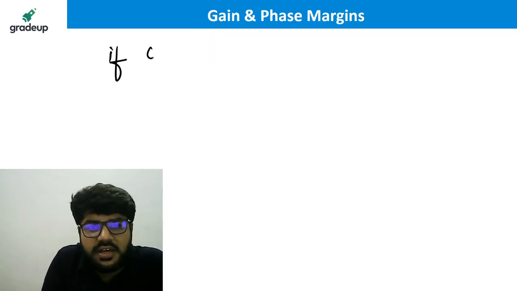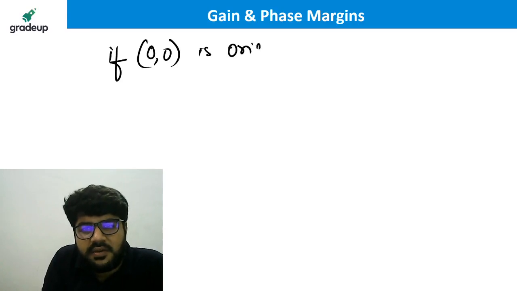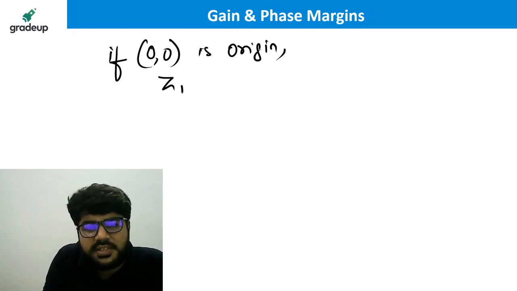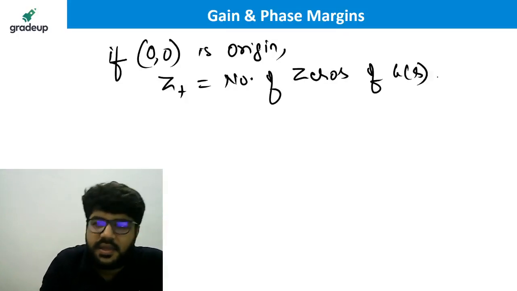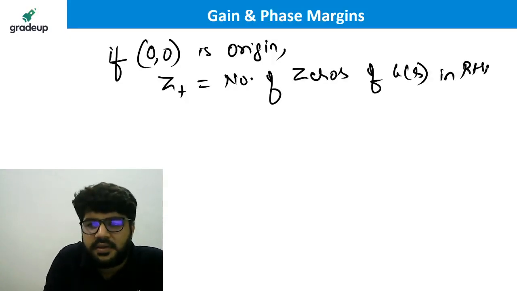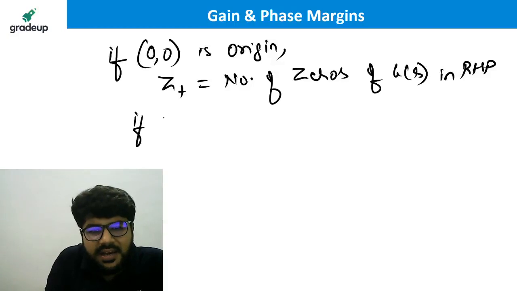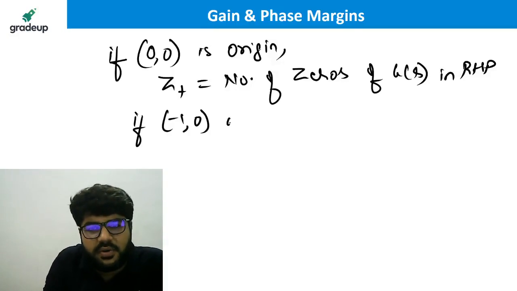If (0, 0) is the origin, then Z+ is the number of zeros of G(s) in the RHP.